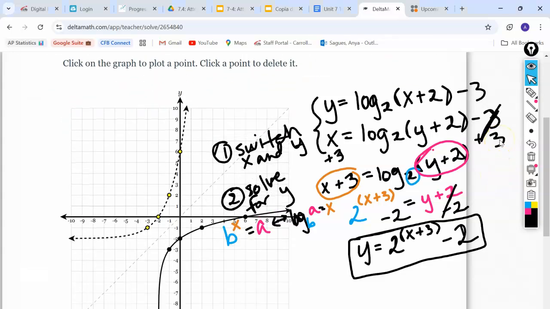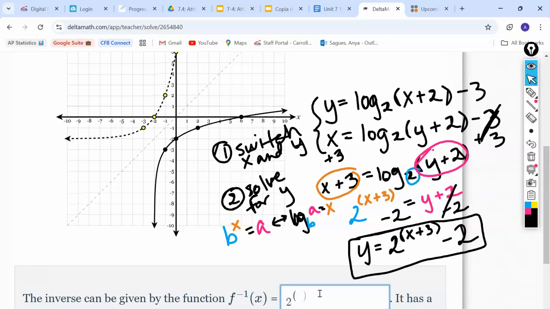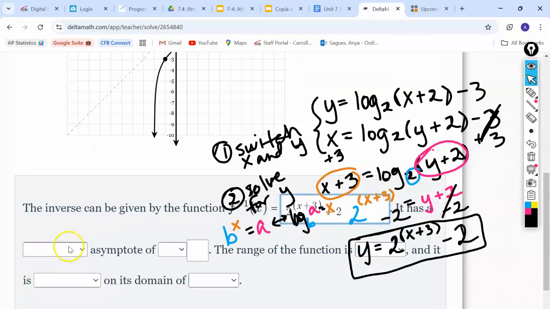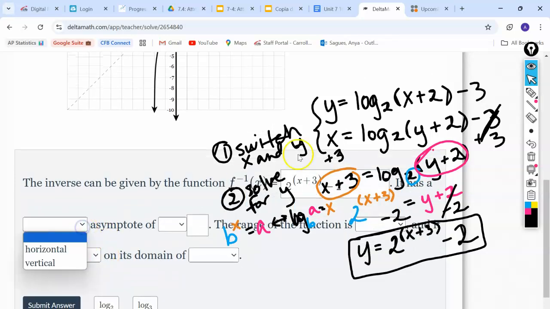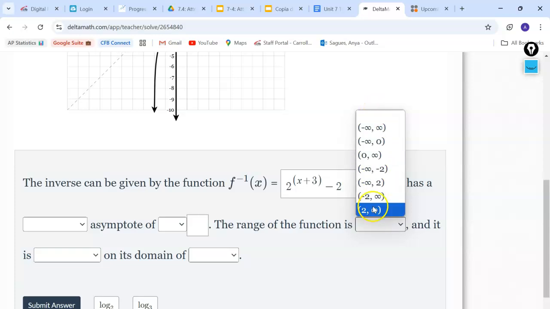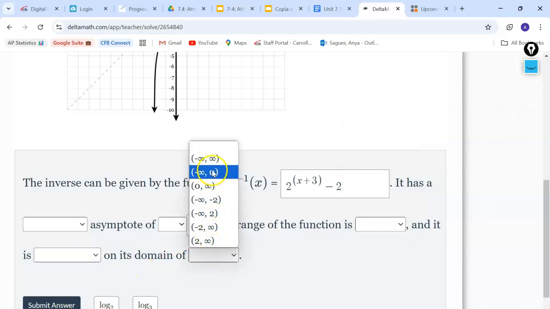But let's take a look at the rest of this. So now that I know what this is, I'm just going to put in here what I got. Right? And then it asks about what kind of asymptote it has, if it is horizontal or vertical, if it is x equals or y equals, and then what that number is, what's the range of the function, and luckily it gives us options, and if it is increasing or decreasing on its domain, and we have to know what the domain is.